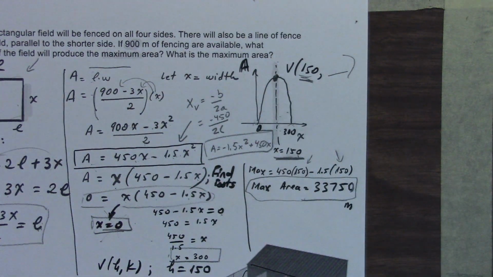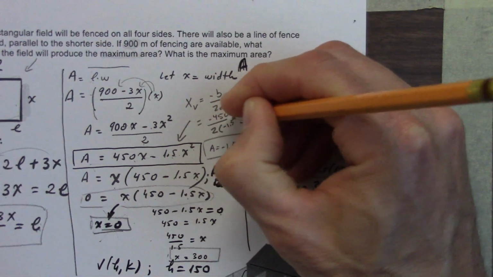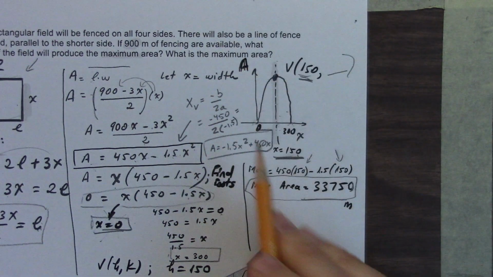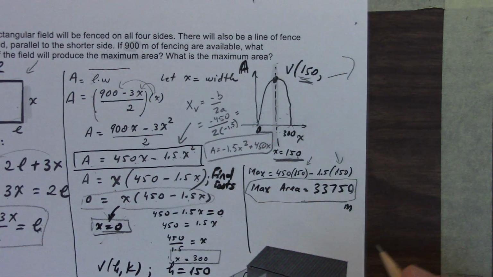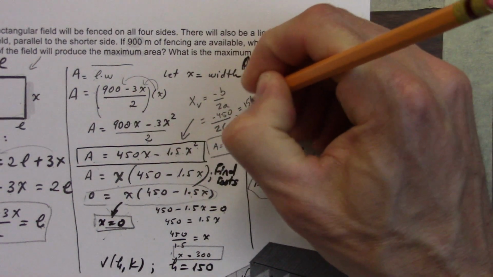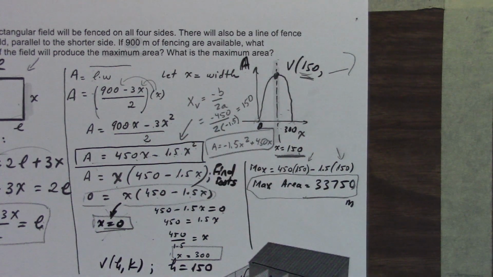What's a? Not 1.5, but negative 1.5, right? So we have negative 450 divided by negative 3. What's that? 150. There you go. You could have used that nifty little shortcut. Without factoring, you would have got the x value of the vertex.